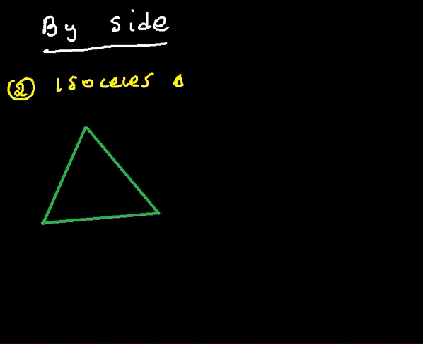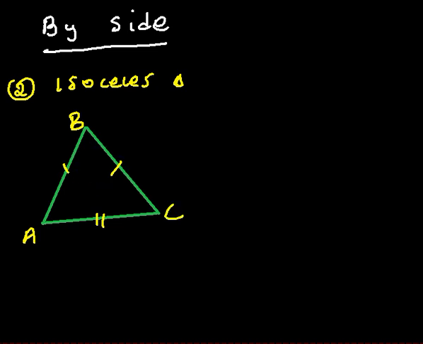In that case, since 2 sides are the same, let's say this side is the same as this side, like that. In this kind of demarcation, it means these 2 sides are the same, unlike this. Let's say this is triangle ABC. This is what we get as an isosceles triangle.